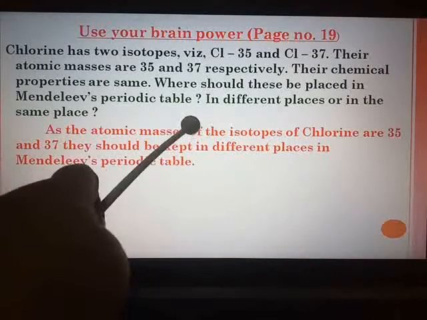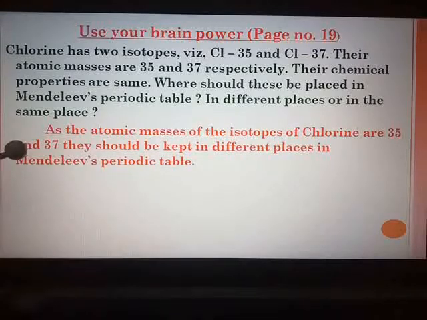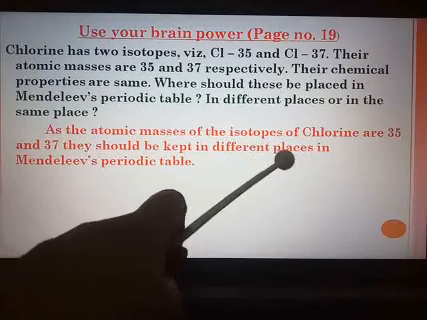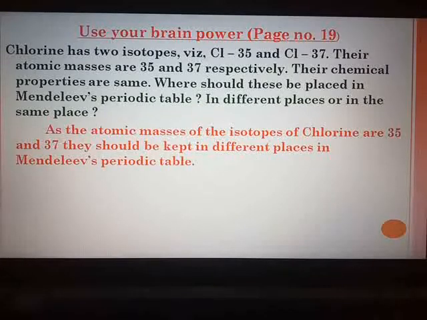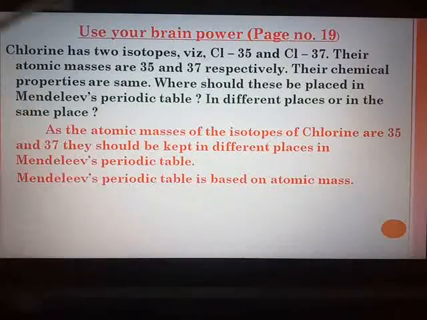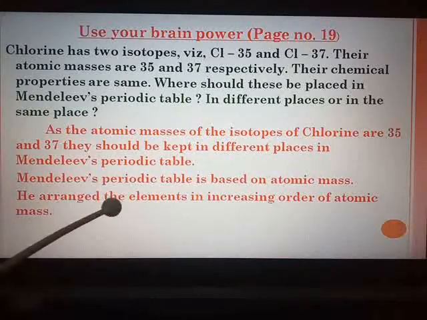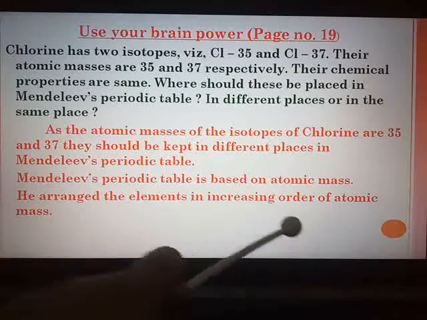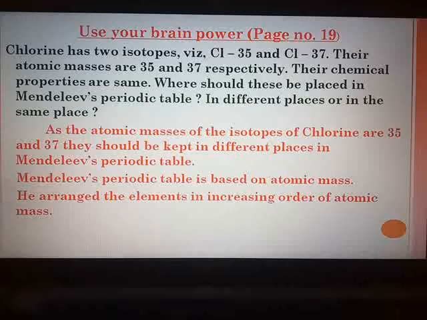So this should be our first point. As the atomic masses of the isotopes of chlorine are 35 and 37, they should be kept in different places in Mendeleev's periodic table. Now in short you have to state why they should be given different places, because Mendeleev's periodic table is based on atomic mass and he has arranged the elements in increasing order of atomic mass.